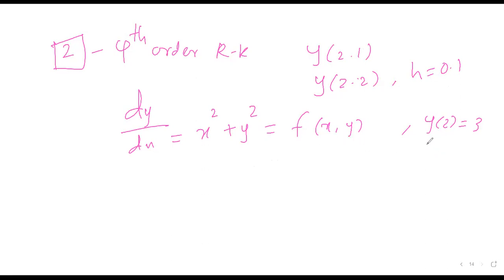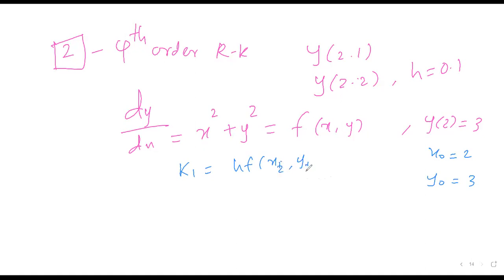Okay, so here from this, you can analyze what is X naught, and here X naught will be 2 and Y naught will be 3. Okay, and this one is our function. That's all, isn't it?